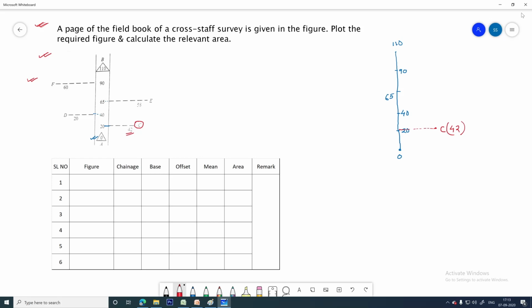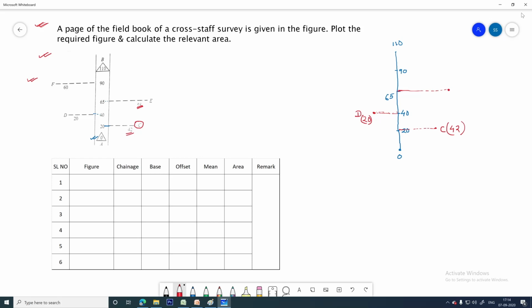Similarly, at 40 the offset value is 20, so it will be about half of the value. Consider the point is over here, and the notation is D, so D in bracket 20. Now coming to the next, 65, on the right hand side, the value is 58. 58 is greater than 42, so let's come over here.